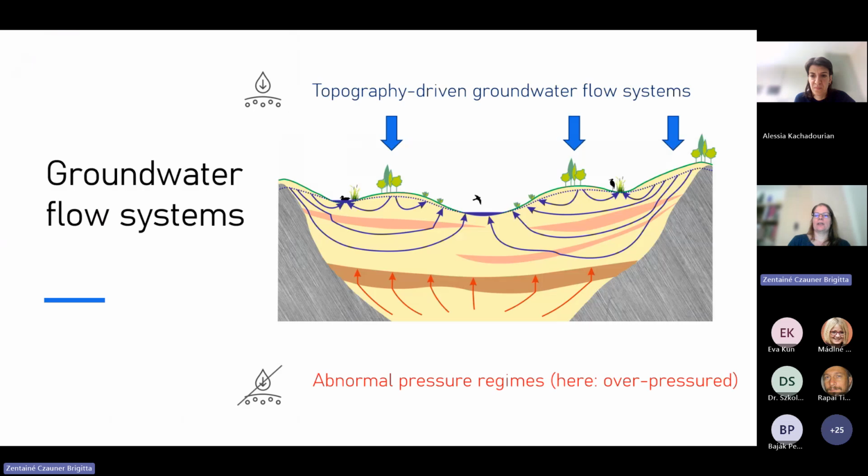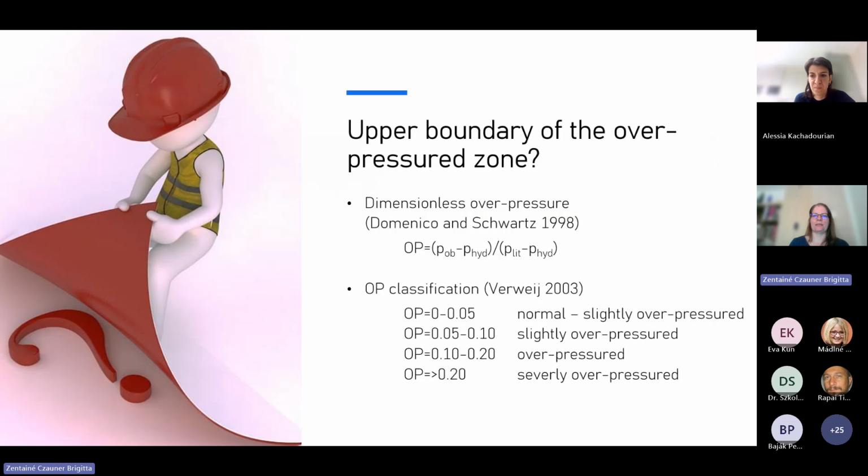In the following, I will talk about overpressures, because in Hungary, in the Pannonian Basin, we have overpressures in most of our deep sub-basins. And we wanted to define somehow the upper boundary of the overpressured zone.